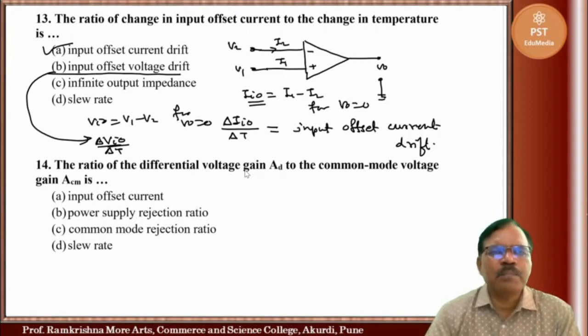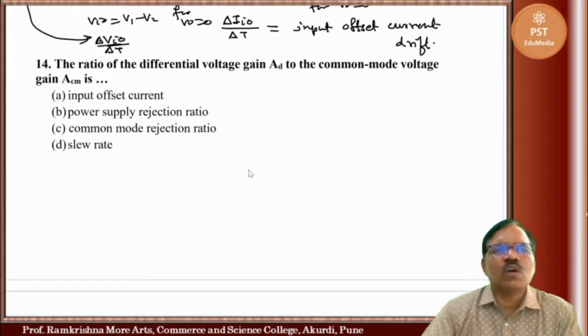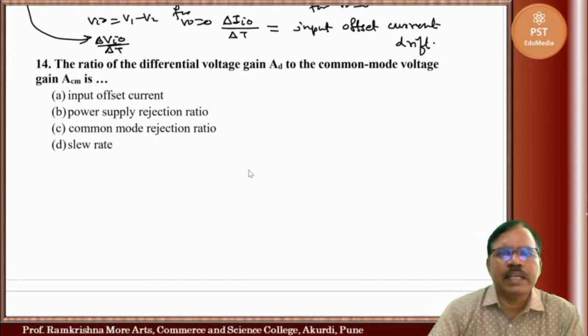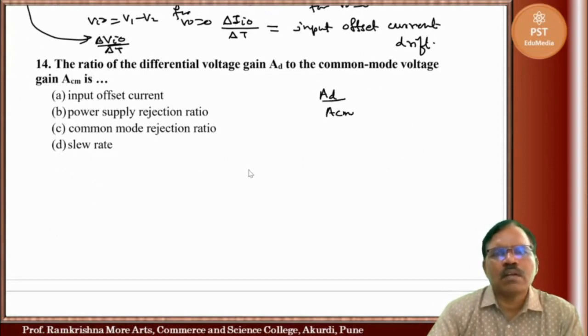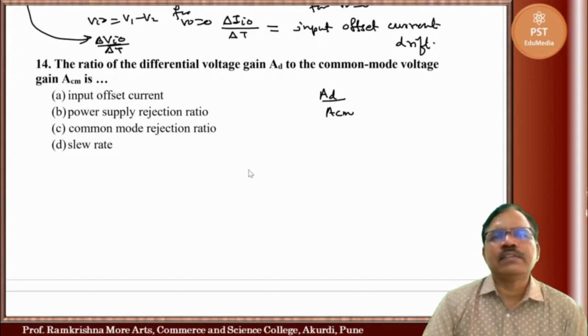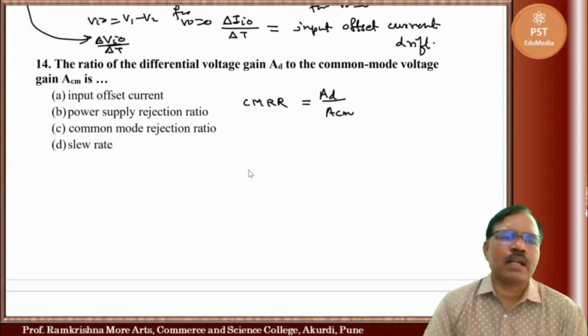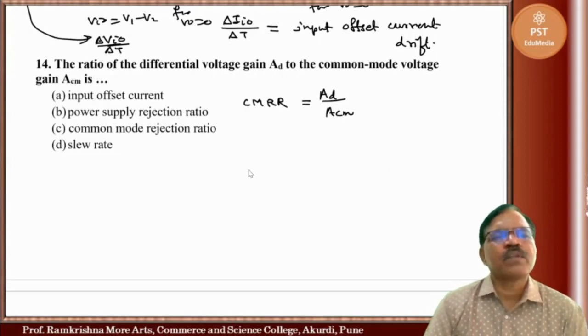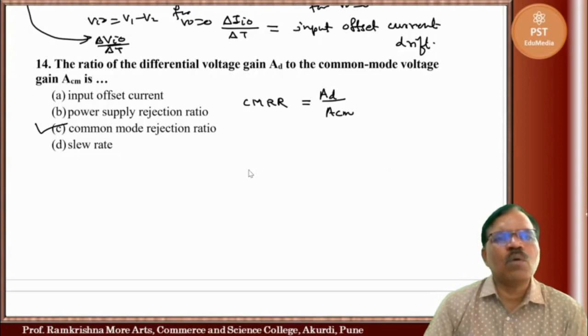Next one, the ratio of differential voltage gain AD to common mode gain is called common mode rejection ratio, CMRR.